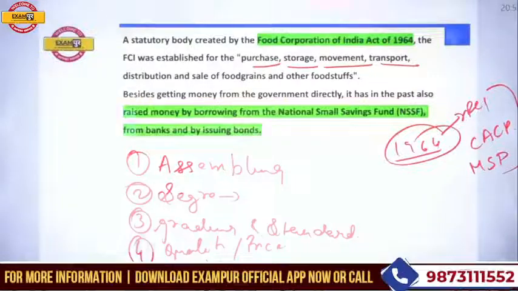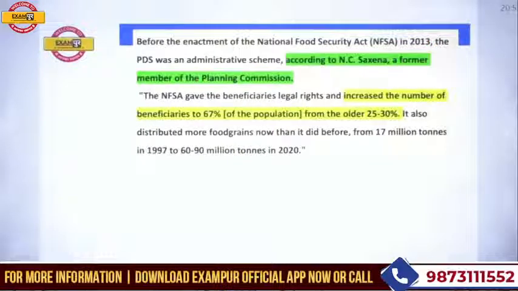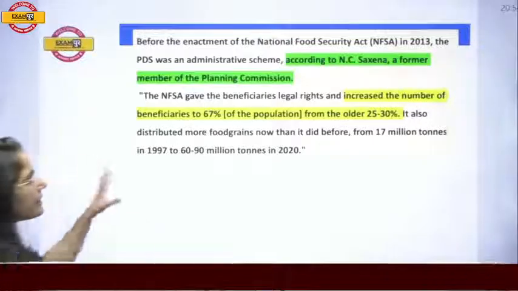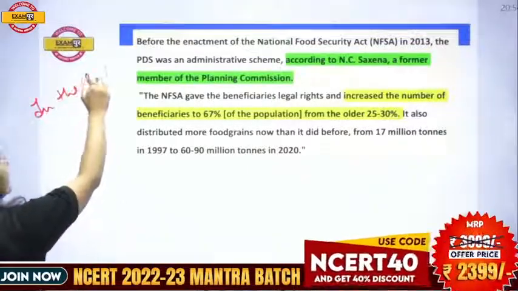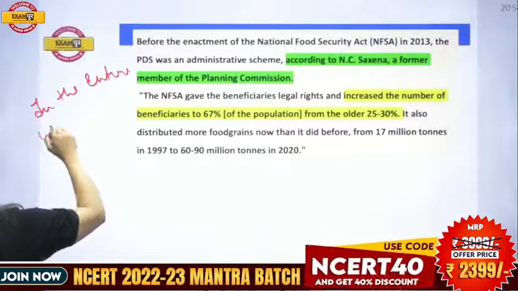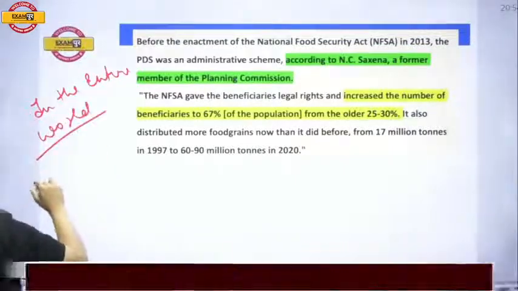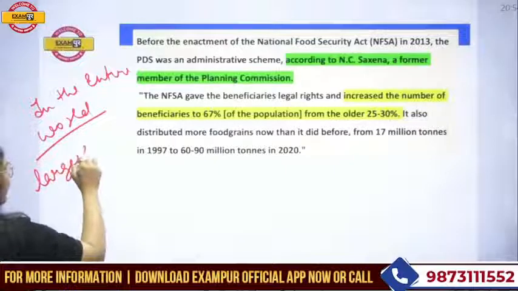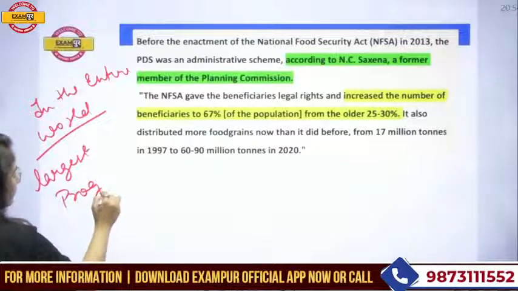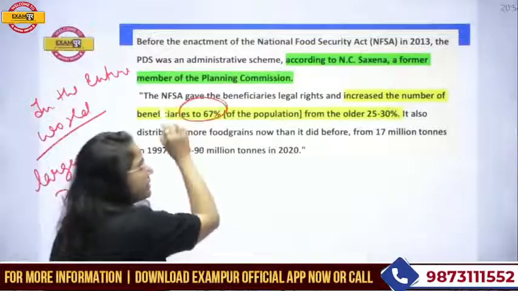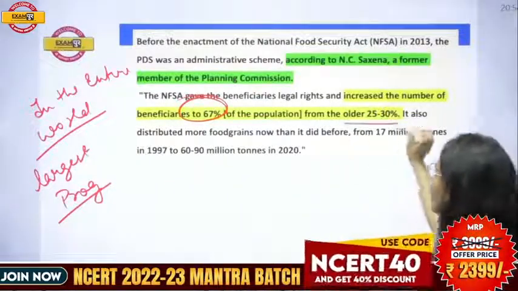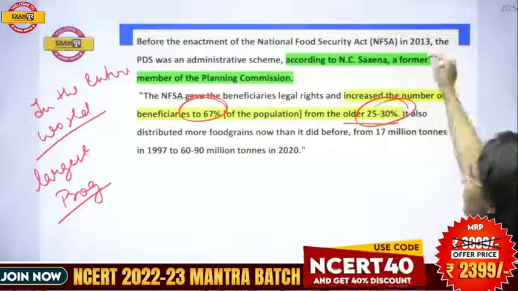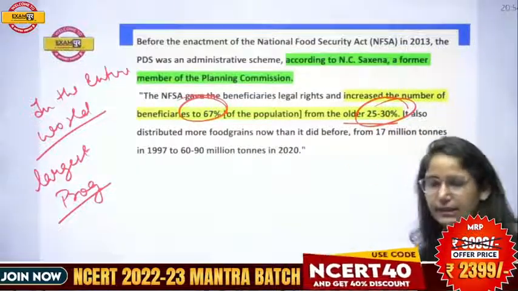Next, if you are talking about food security, I have told you this is one of the largest schemes in the entire world. In the world, this is the largest program. 67% of the population is covered, up from 23 to 30% before the Food Security Act 2013.